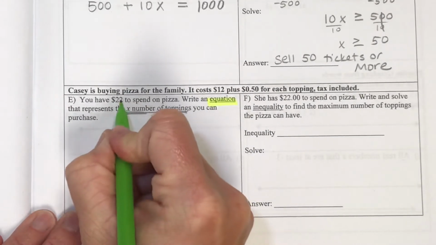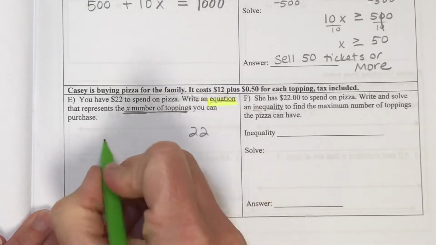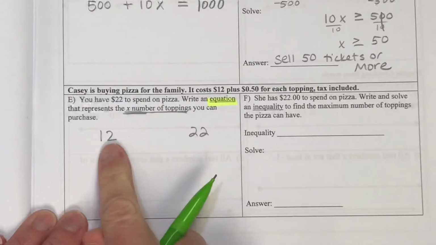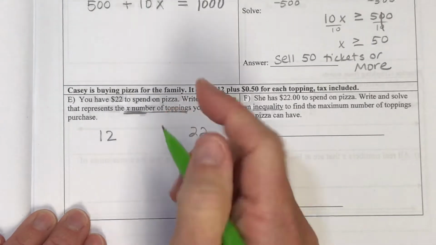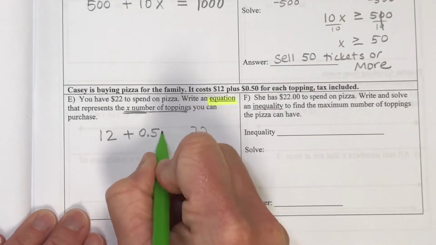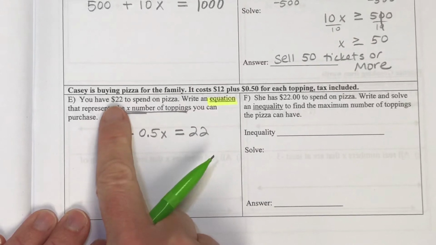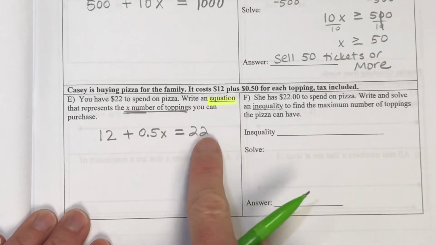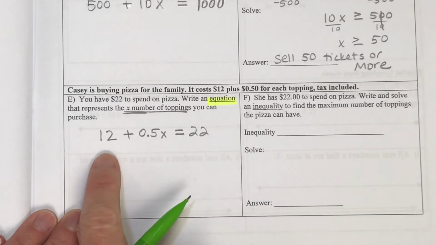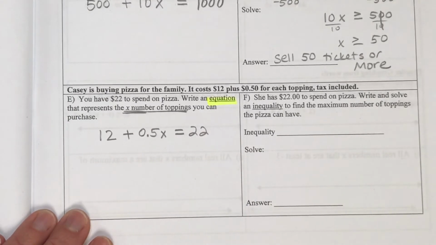So if you have $22 to spend, I need to take into account that I have $12 for just the cost of the pizza without toppings, plus 50 cents per topping, and we can spend all of our $22, so if I have an equation, I'm going to say equals 22. So $12 for the pizza, 50 cents per topping to equal my $22 to spend.